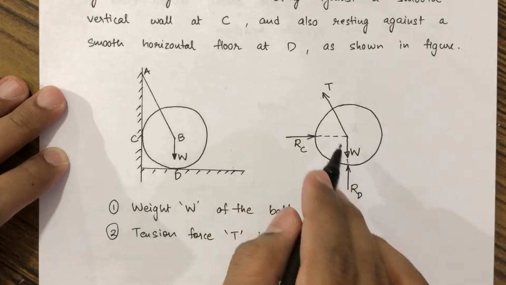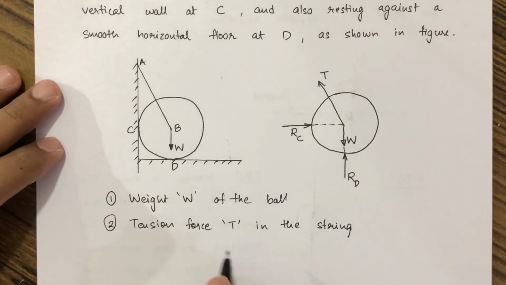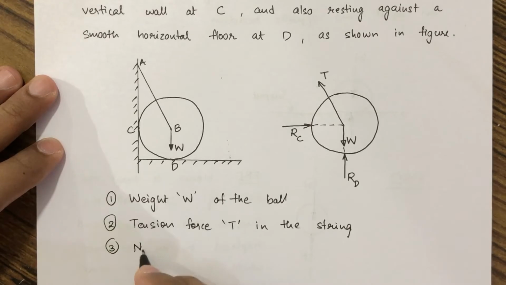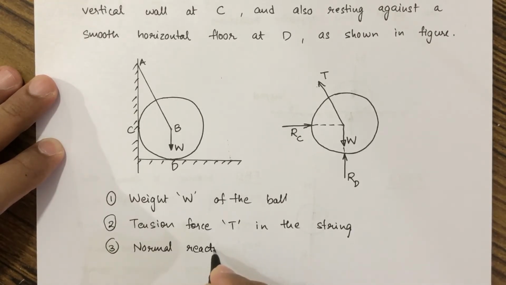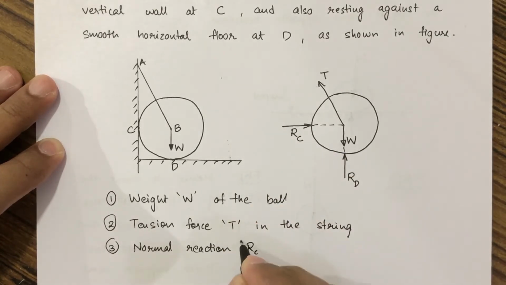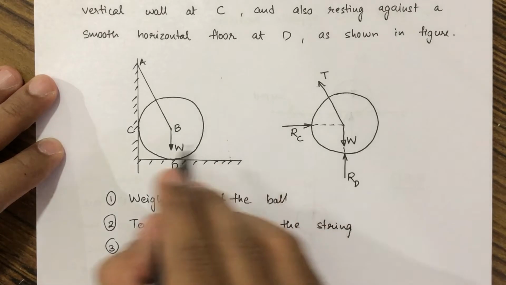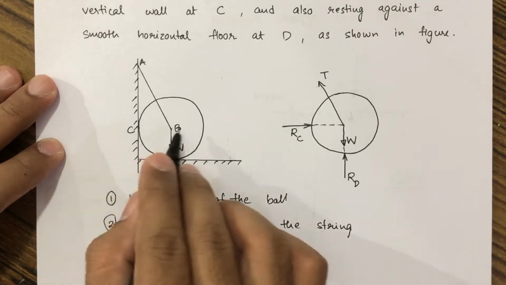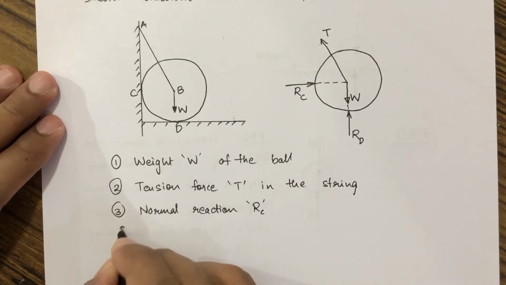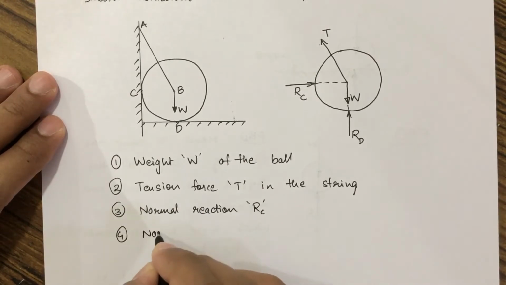The third force is the normal reaction RC, it is at this point C. And the fourth will be the normal reaction at point D.